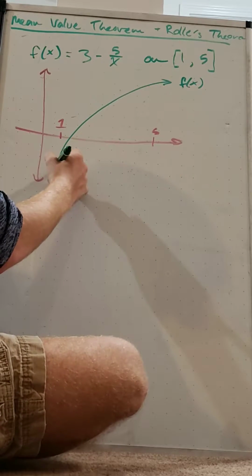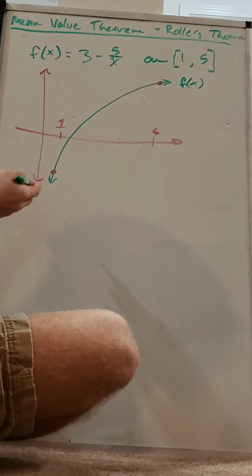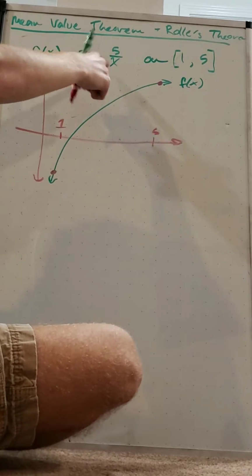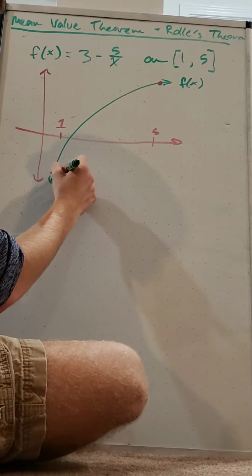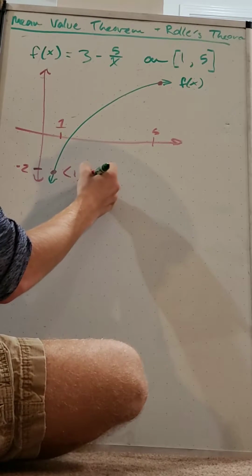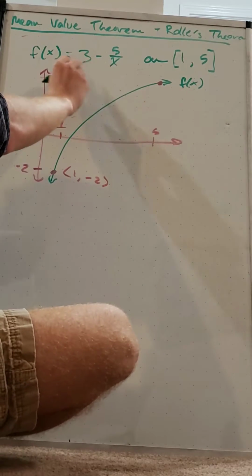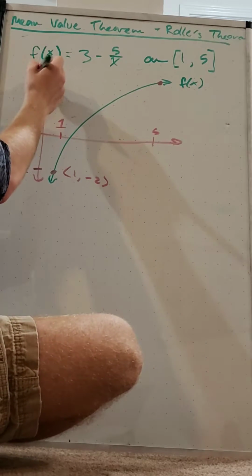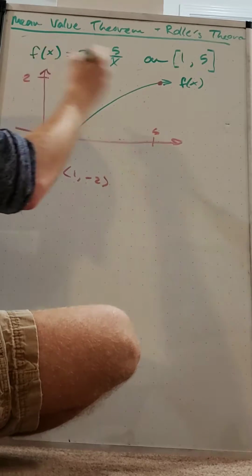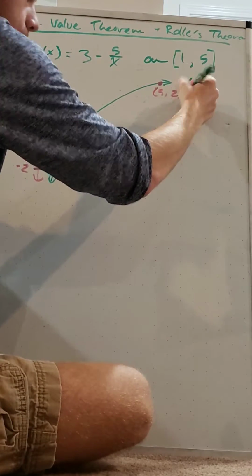If we take this point here, we can plug in: f of 1 would be 3 minus 5, so that'll be negative 2 down here. So this point is (1, -2). And at this point, if we plug 5 in, we get 3 minus 1, so that would be 2. So this point is (5, 2).